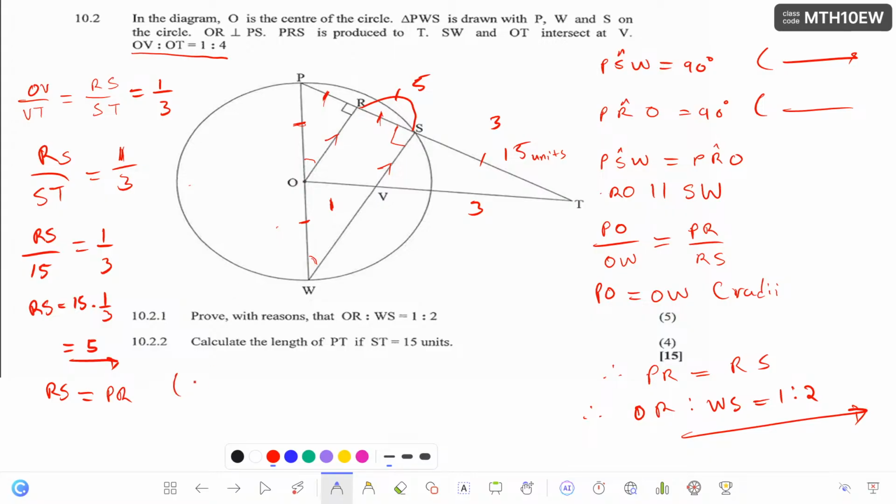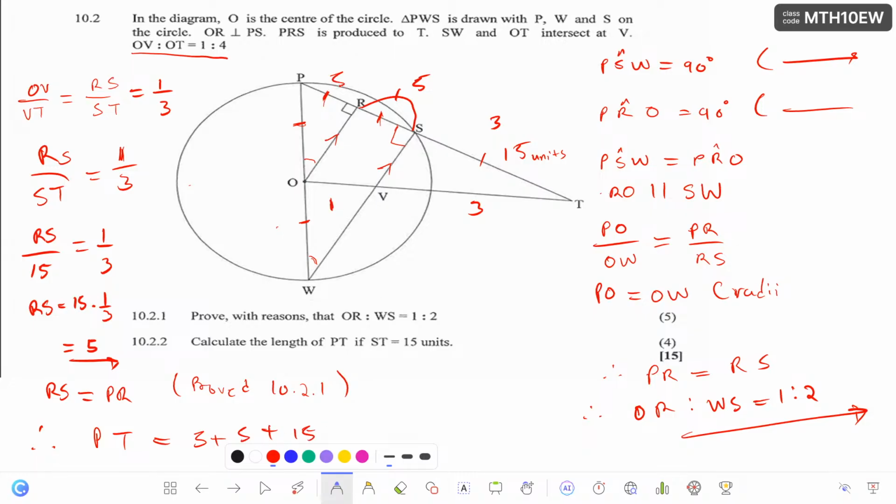We proved that in 10.3.1. So now we can conclude that PT is equal to 5 plus 5 plus 15.